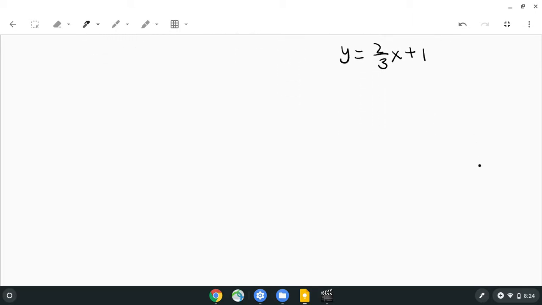Okay, and then last thing, perpendicular lines. So these are lines that intersect, but they don't just intersect, they intersect at 90 degrees.